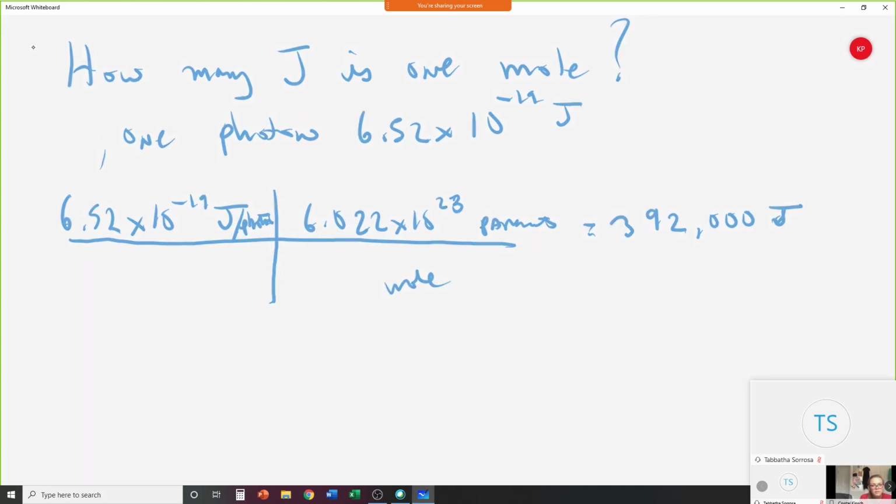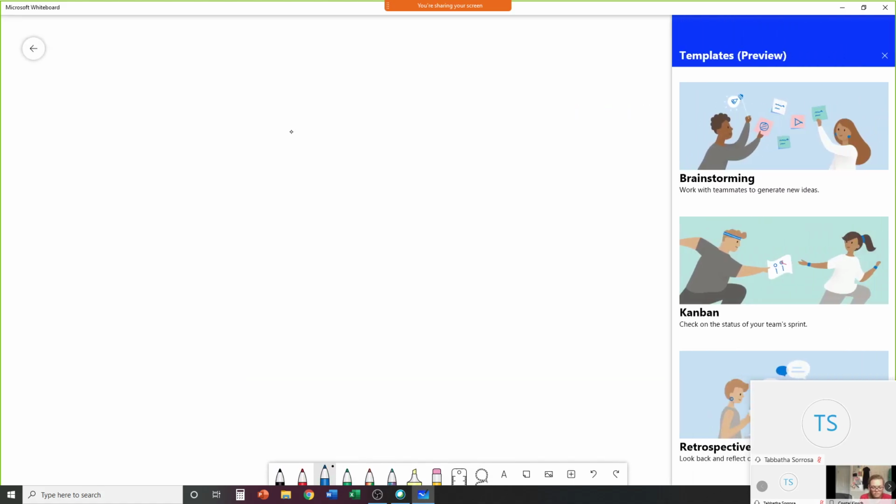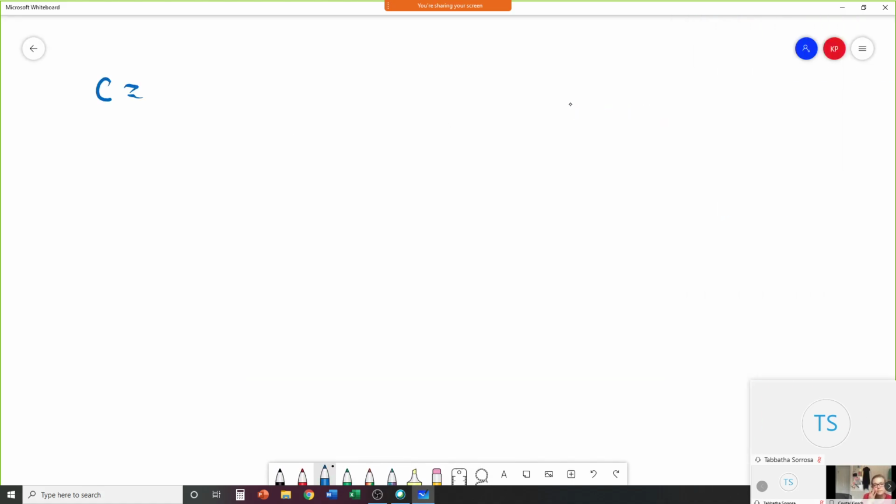Now, all right, so what do we have so far? We have lambda, nu, Planck's constant, nu. Now we have something called the photoelectric effect.